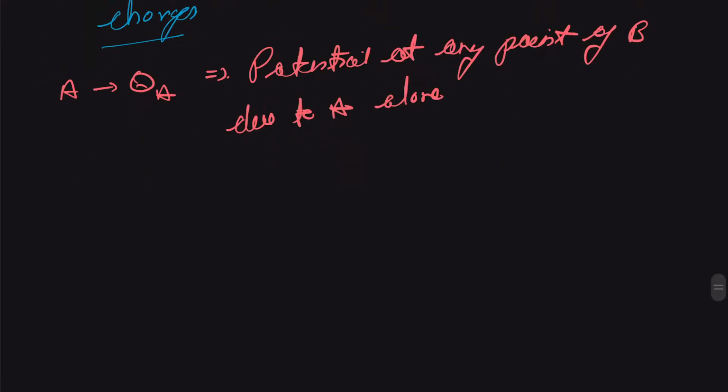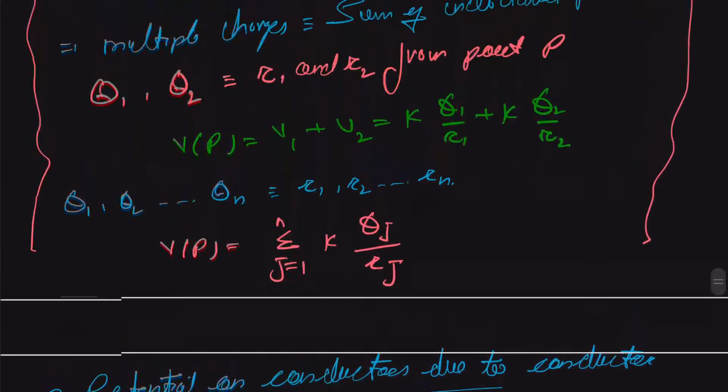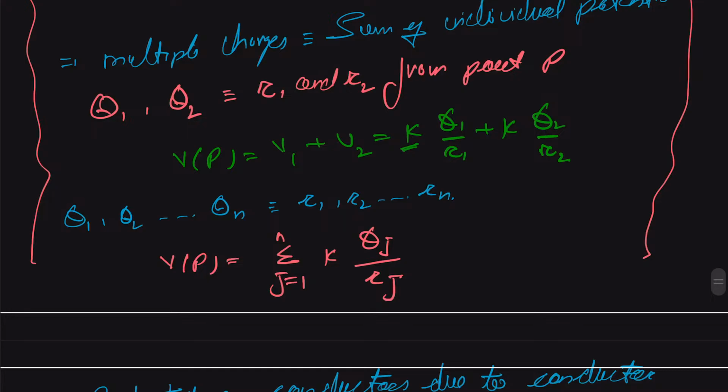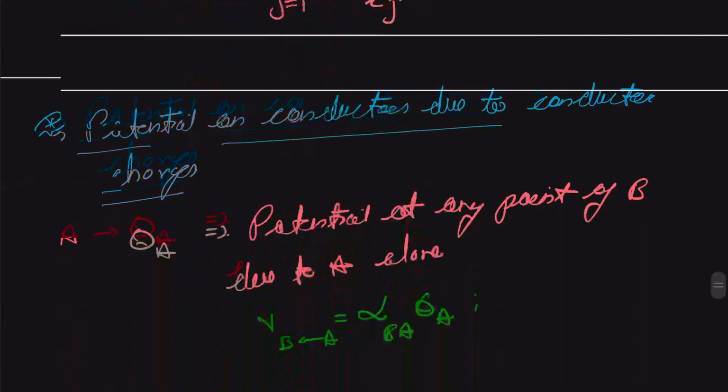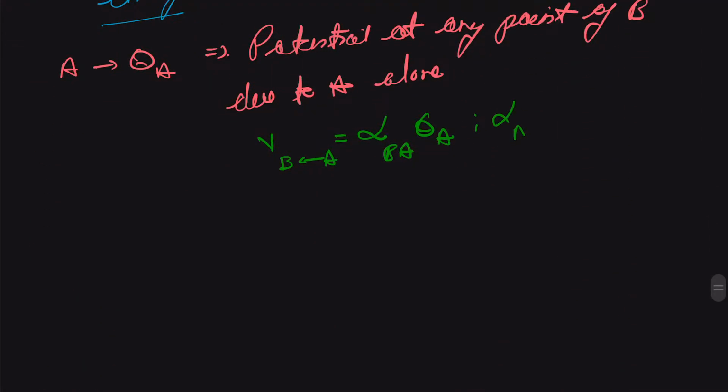We can write this as our equation: potential at B due to A alone will be equal to, let us suppose we have this as alpha, and alpha we can define later on, alpha BA times QA, the charge of A. And this alpha is nothing but a constant, equal to the ratio of K and their distance. So we can say this alpha BA is equal to K over the distance between the two, that is RBA.